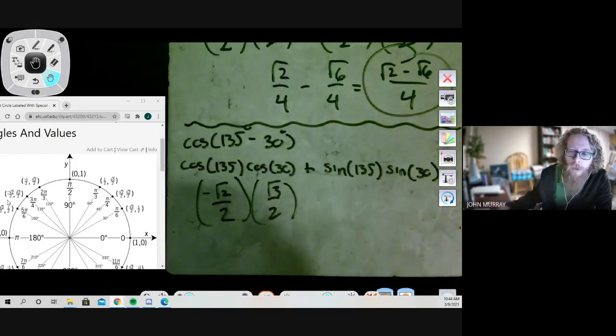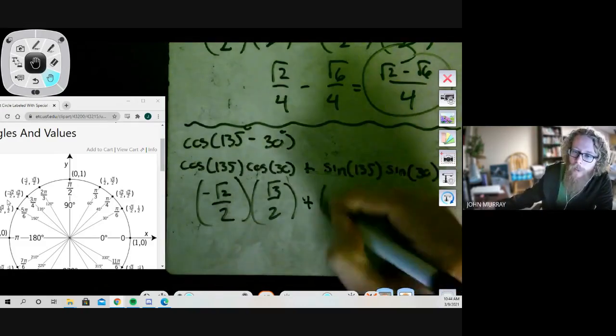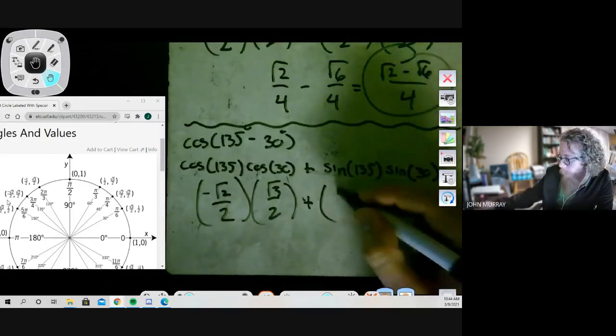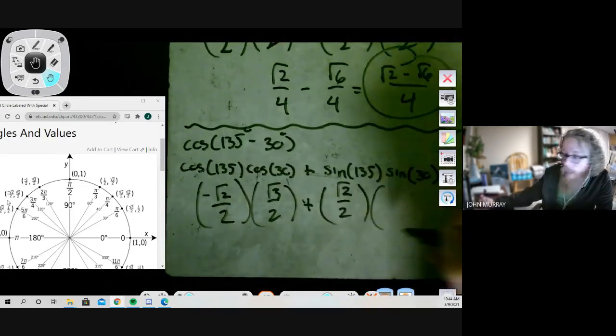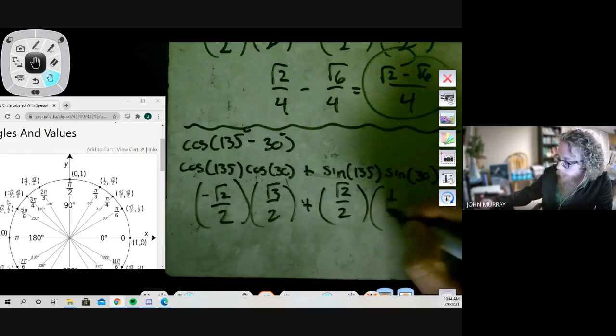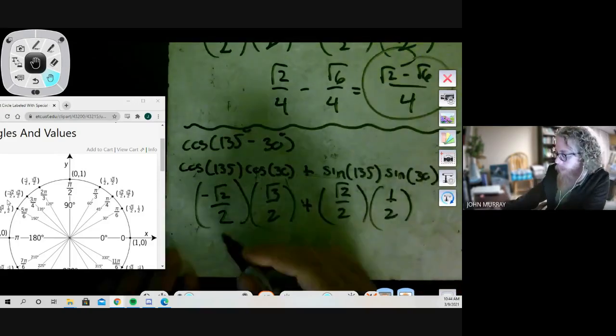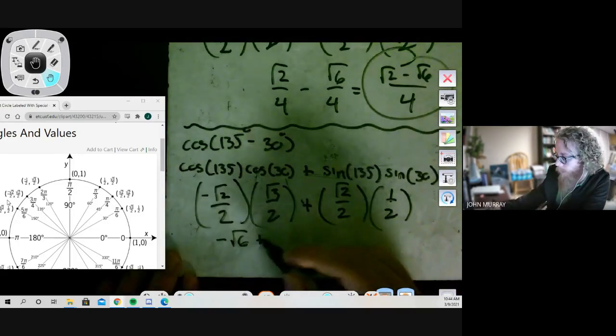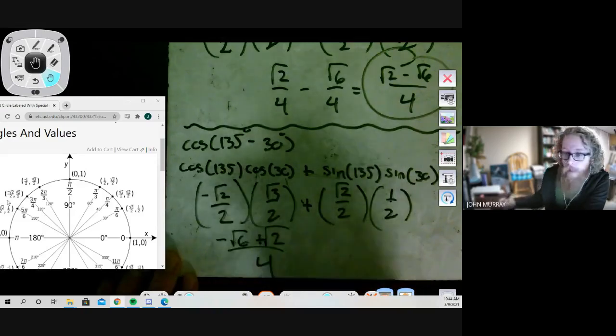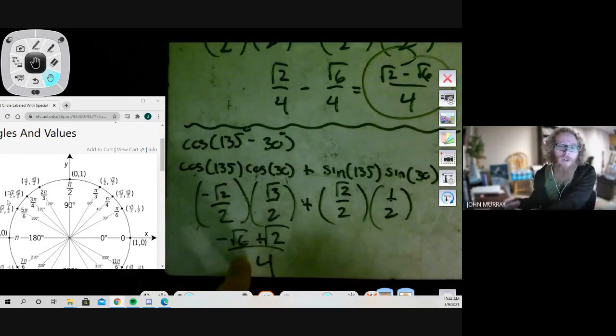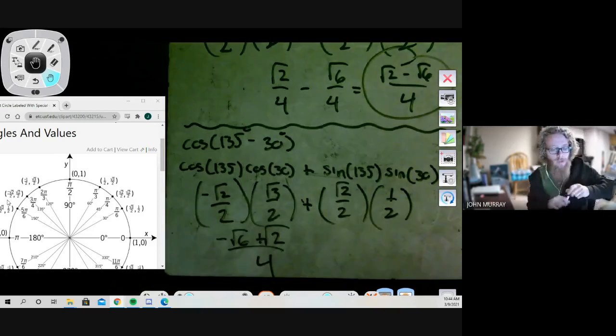So that looks like we're on the right path. The sine of 135 is positive root 2 over 2. And the sine of 30 is 1/2. So I get a similar answer. It is just in a different order.